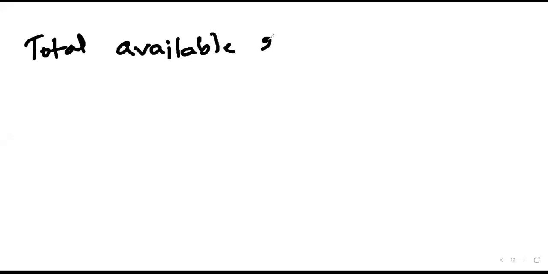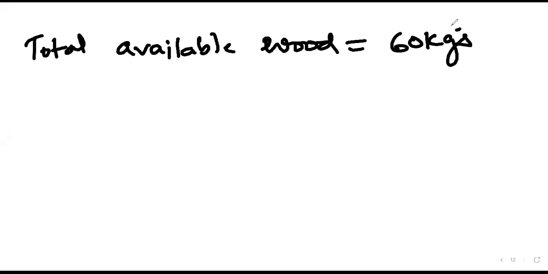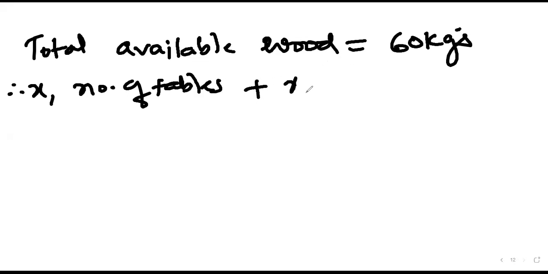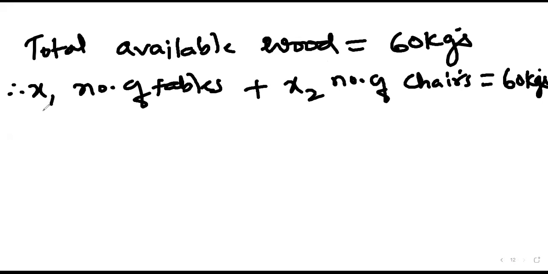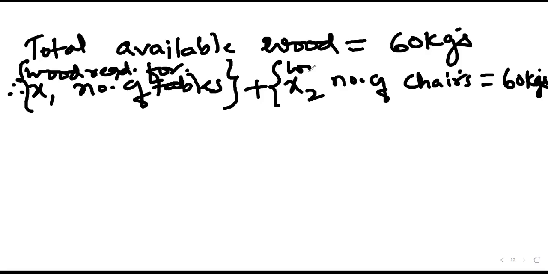Total available wood is equal to 60 kgs. Therefore, wood required for x1 number of tables plus wood required for x2 number of chairs.